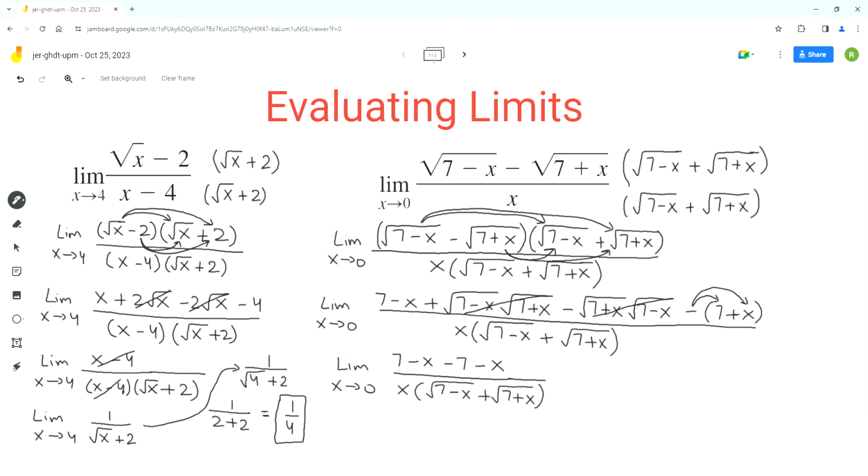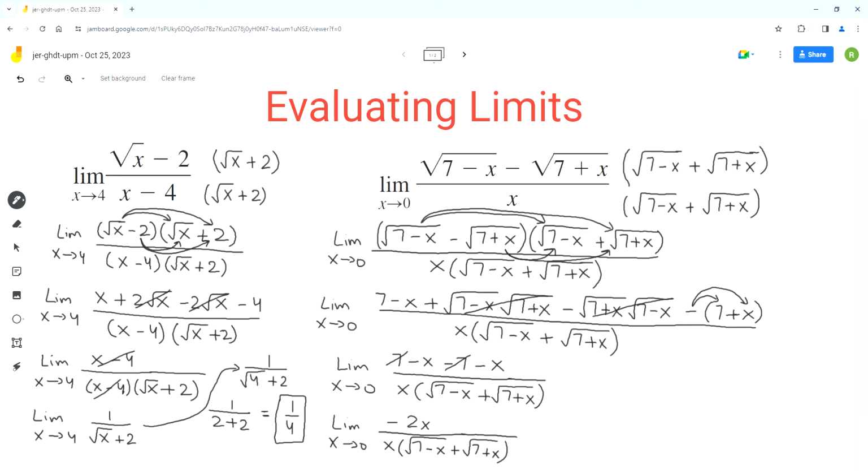Now we can cancel out the 7's in the numerator. So we get limit x approaches 0. So in the numerator we can combine negative x minus x becomes negative 2x over x, and then parentheses square root 7 minus x plus square root of 7 plus x.